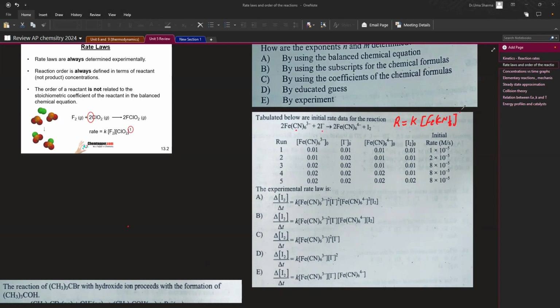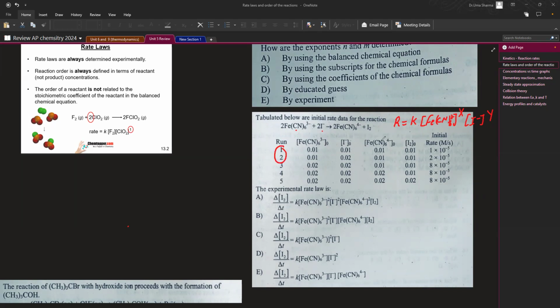So every time, the first thing is to assume it. Now look at experiment 1 and 2.